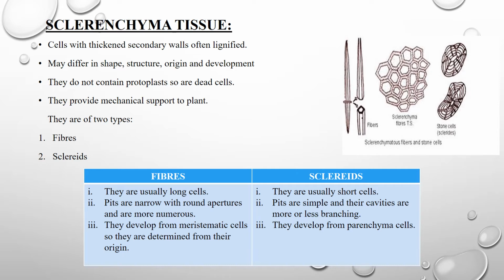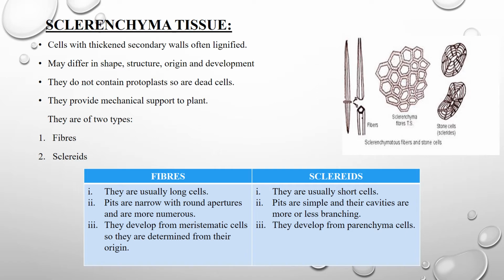There are two types of sclerenchyma tissues: fibers and sclerids. Fibers are usually long cells, while sclerids are short cells. Pits in the walls of the fibers are narrow with rounded apertures and are more numerous.